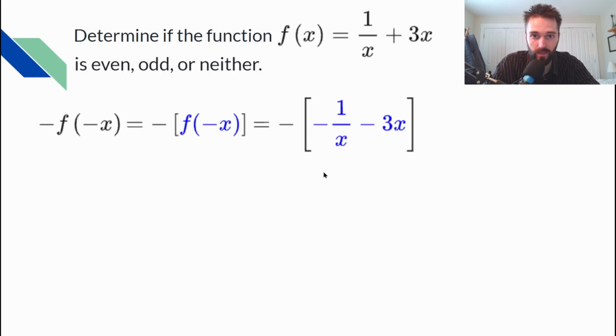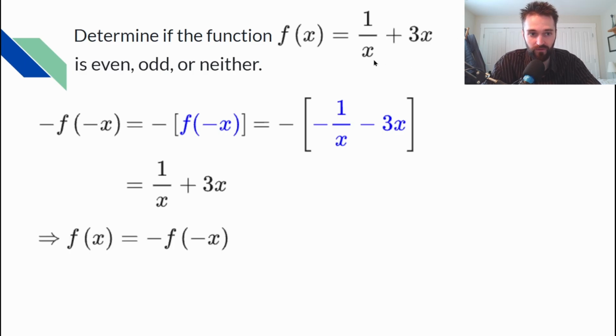Distribute a negative 1, okay? And when we do that, we get positive 1 over x plus 3x, all right? And that's the same thing as the original function formula, all right? Which means that f of x equals negative f of negative x, which means that the function is odd, okay?